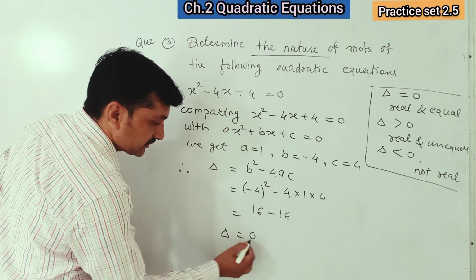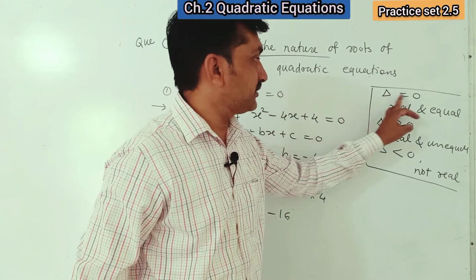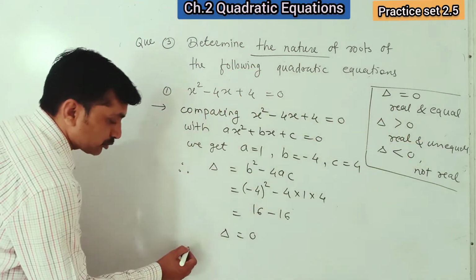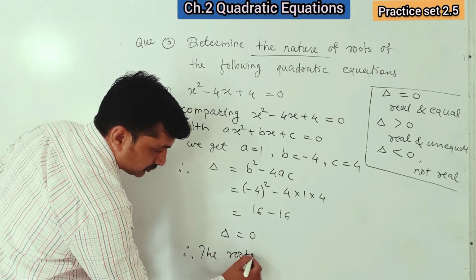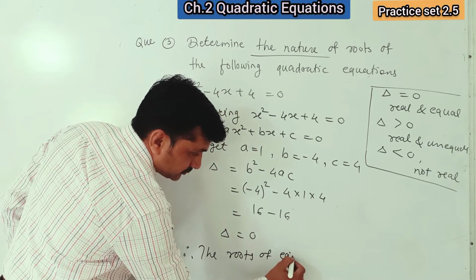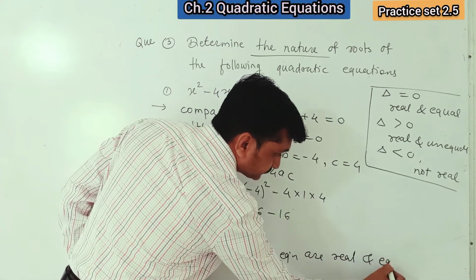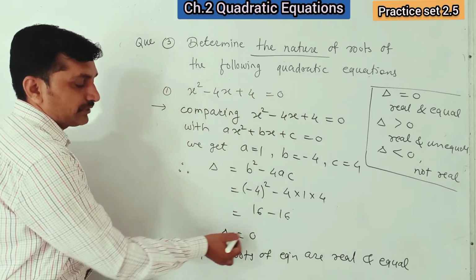Now we got delta is equal to 0, right? And you know now, if delta is equal to 0, it is the nature. Therefore we have to write nature at last. Therefore the roots of equation are real and equal. Why is its nature real and equal? Because we got value of discriminant 0.